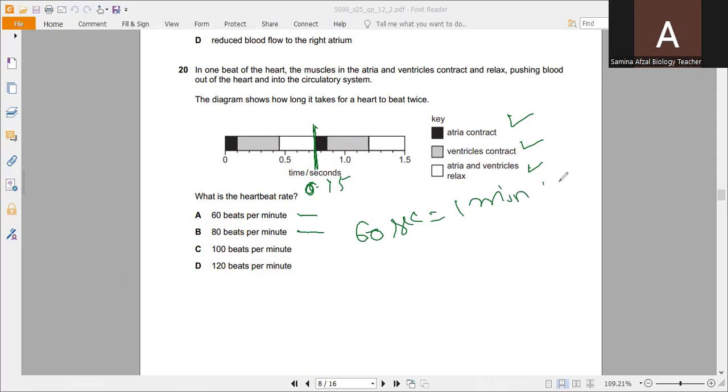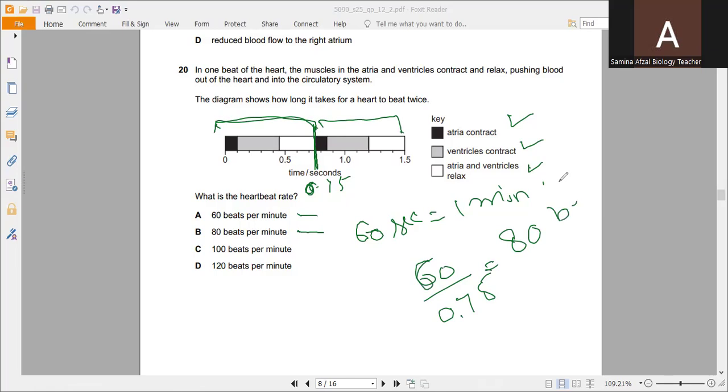So we will divide 60 by 0.75, which is equal to one beat, and this is the second beat. We have to find out 1 minute, so it will equal 80 beats. According to this, A, C, and D are not correct options. Only B is the correct option.